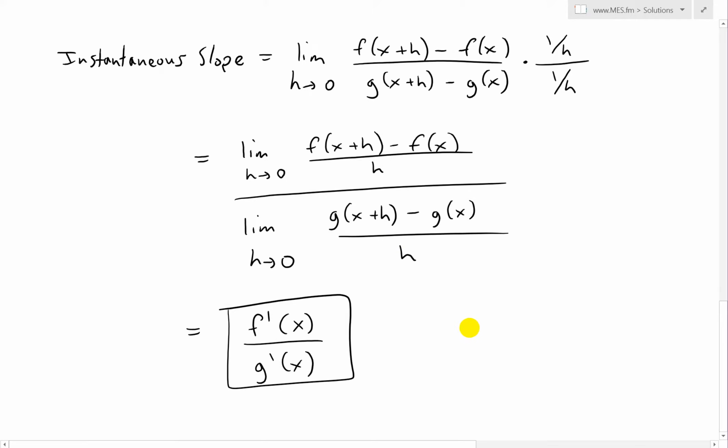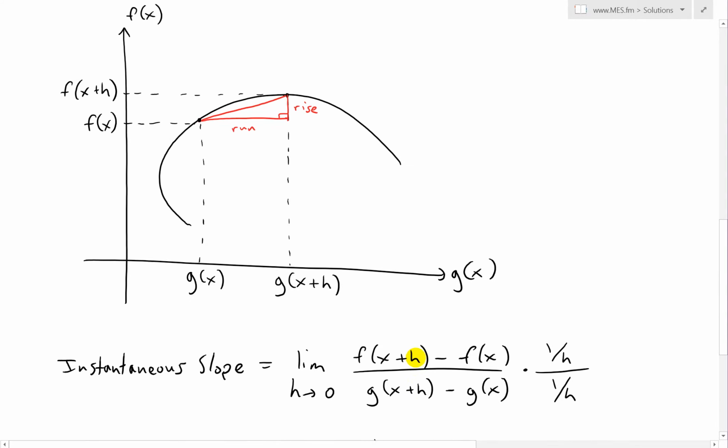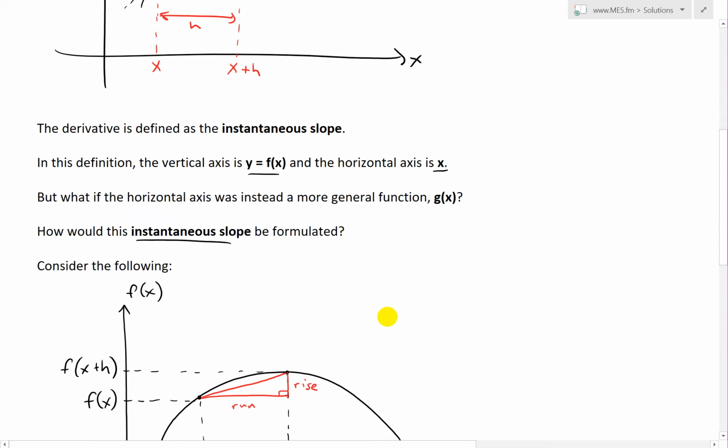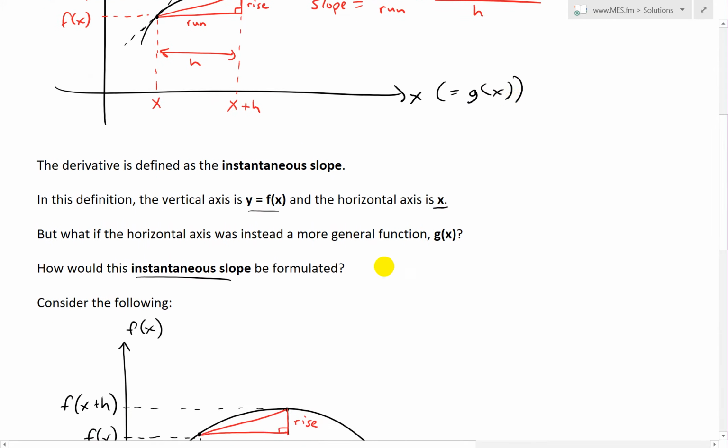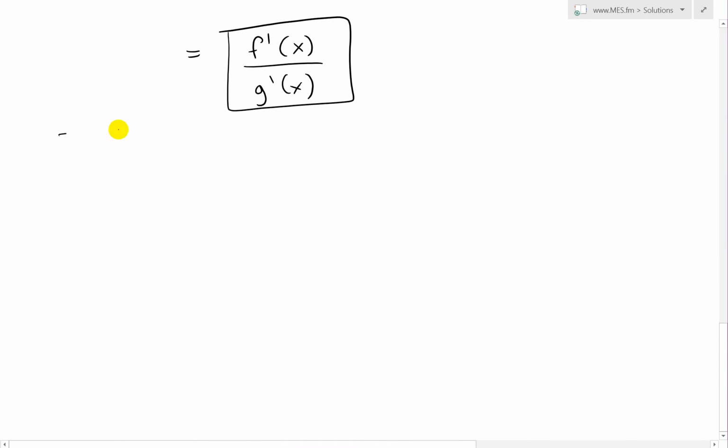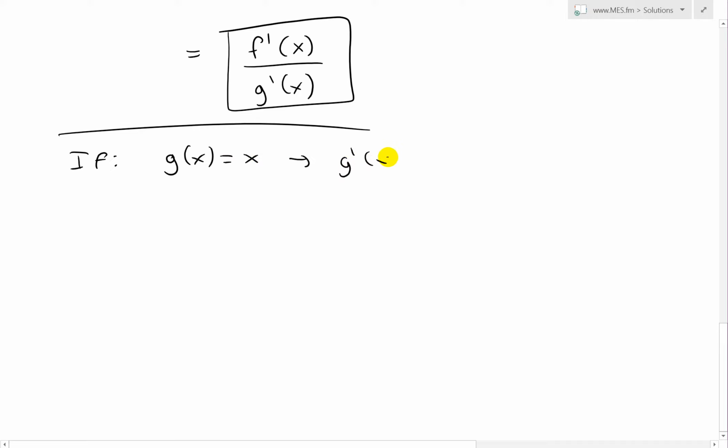And now what's interesting is this is the more general way of looking at the instantaneous slope, but for the case where x is equal to g of x, that's what we could consider it as. So if g of x is equal to x, then the derivative, g prime of x, is simply equal to 1.